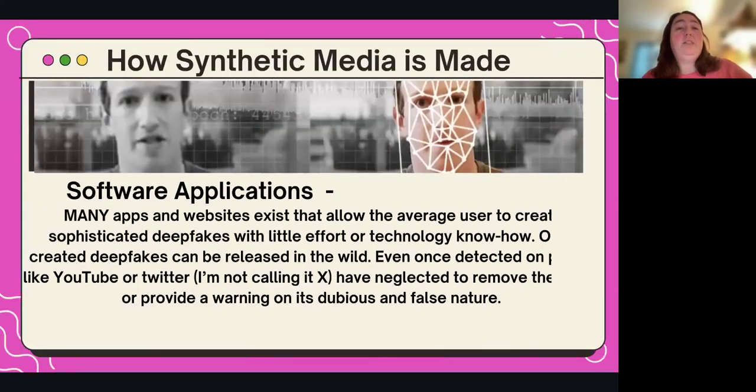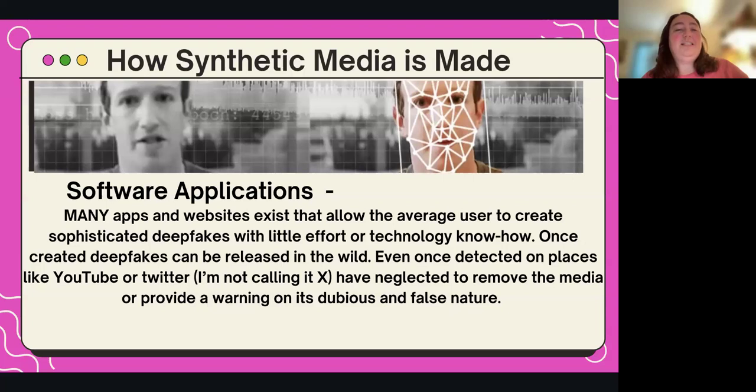And then finally, once it's gone through that adversarial network, it becomes a software application issue. There are tons of apps and websites that exist to allow the average user to create sophisticated deepfakes with little effort or technology know-how. Once created, the deepfake can be released into the wild.